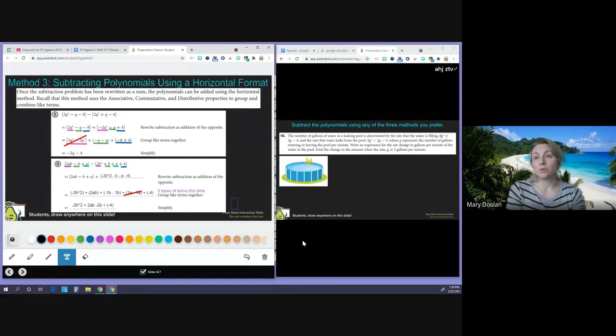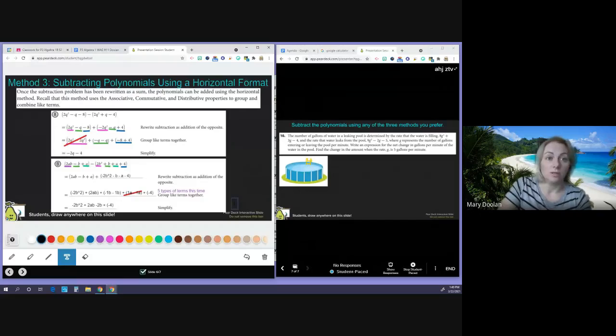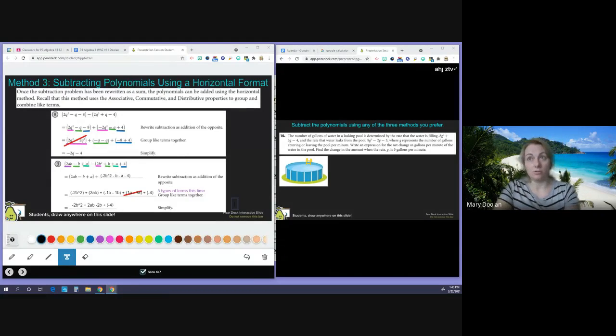Write an expression for the net change in gallons per minute of the water in the pool. Find the change in the amount when the rate g is 5 gallons per minute. So not only are we going to find the difference of those 2 polynomials, we're also going to figure out the amount when g equals 5.